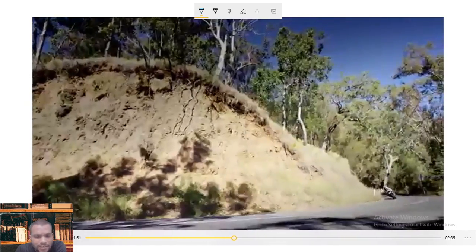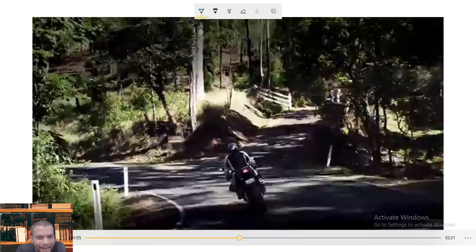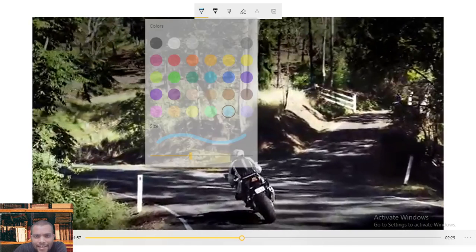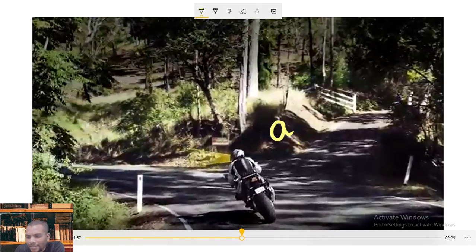The first one is that when we are moving in a circular track, we are having an acceleration. That acceleration we call centripetal acceleration. The object which is moving in a circular track has an acceleration.